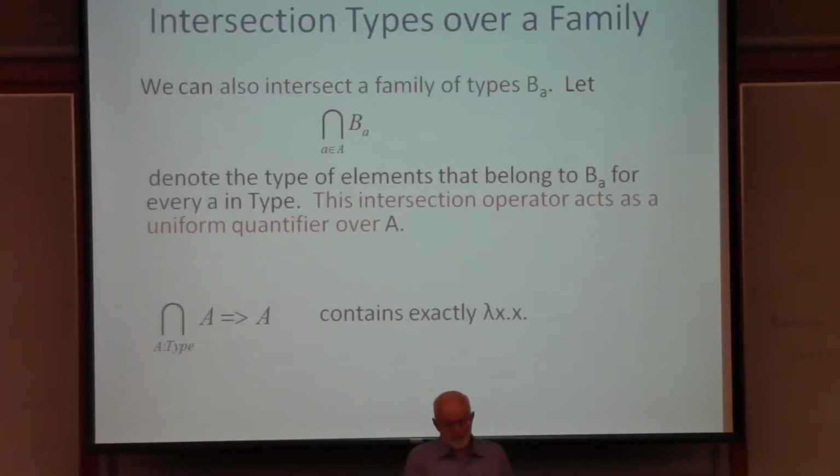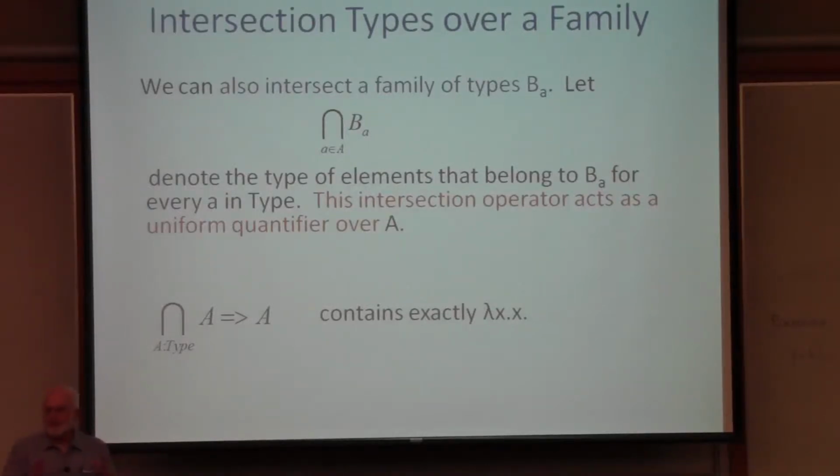But the real power of the intersection type comes when you do an intersection over a family of types. So here, up at the top, we've got a family indexed by a type A. So we pick any type A. For every element in A, we have another type. That collection is called the family. And we can now take an intersection there, and we'll say the elements that belong to that big intersection type are all the things that belong to every one of those B sub A's, right?